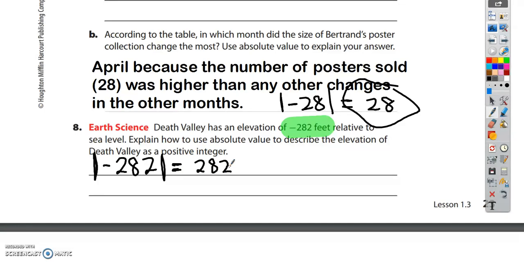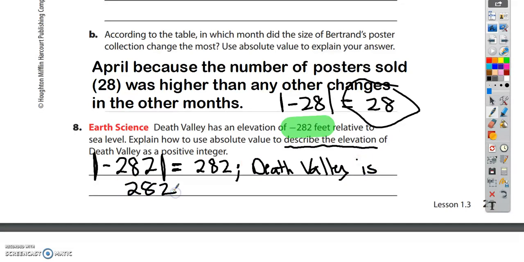So the absolute value of negative 282 is positive 282. Now what we're supposed to do is put a little sentence in that to describe the elevation. Well, if I can't say it's negative 282, what I can say is this. Death Valley is 282. Notice I didn't use the negative sign. Death Valley is 282 feet, and this is where I'm going to use my negative number, below sea level.